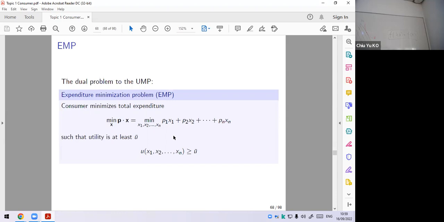I got a problem. If we only care about the ordinal properties of utility, does the numerical value of the utility have meaning? So the question is why we care about this when it is ordinal.